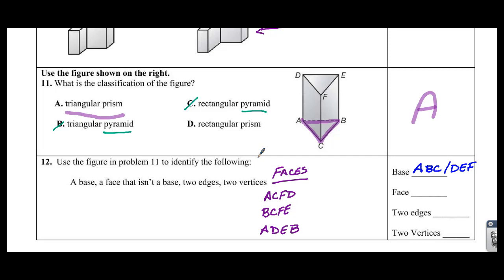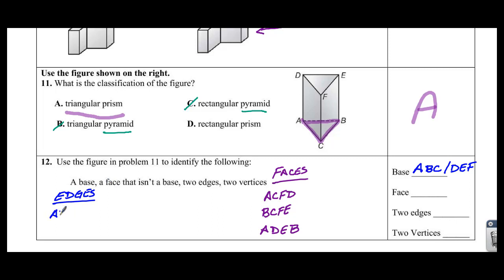If I want two edges, and again, I've got a lot of choice when it comes to edges. So let's just put edges right over here because there's going to be a number to pick from. So you need to have two of these that I list.